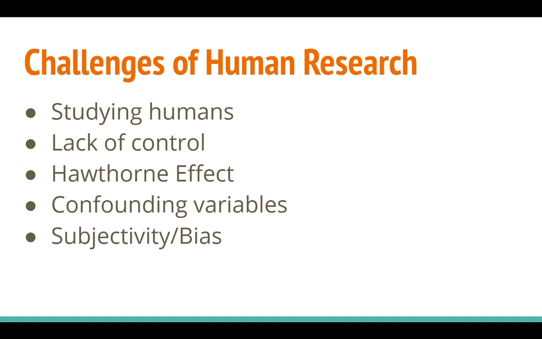And since we're studying humans, and we are humans, we have to be aware of subjectivity and bias. Coding behavior can be subjective. And much of what we look at in psychology and child development can be subjective. For example, define depressed. Everyone's definition of depressed might be a little different. Define hyperactive.